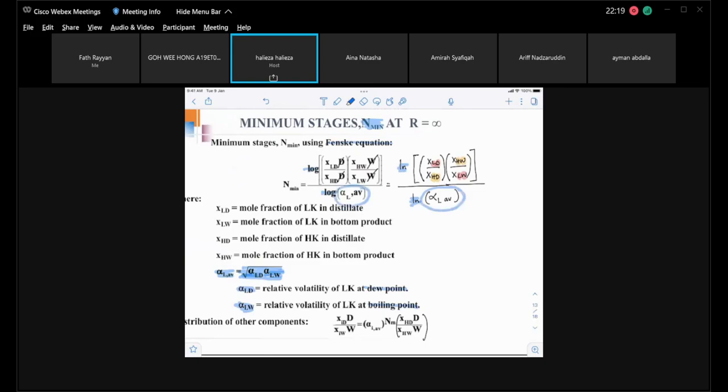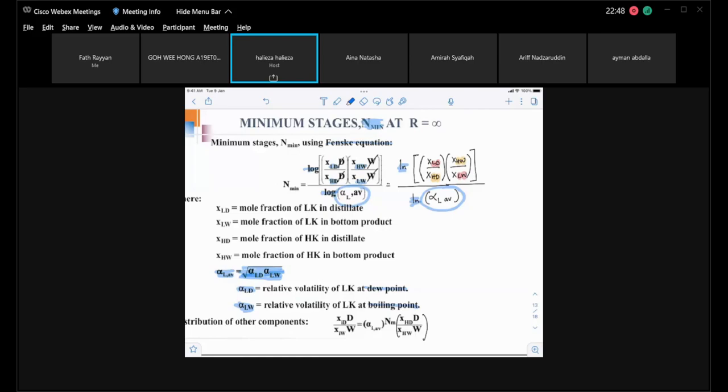And the rest of it is based on the composition that you assumed earlier for the light key. The light key you don't need to assume. The heavy key you don't need to assume, because they are already mentioned. The distribution is already mentioned, so you don't have any trial and error. The answer here is still not the same actually, because it's also based on the assumption, because A is not mentioned at all, D is not mentioned at all.